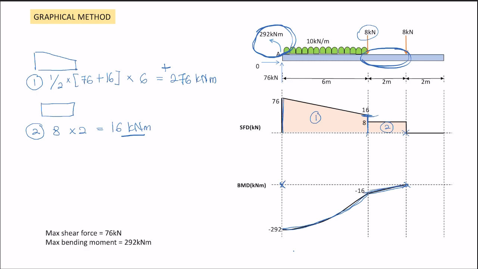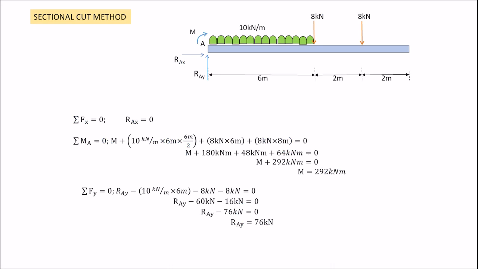The maximum shear force will be the highest value, which is 76, and the maximum bending moment is going to be 292 kilonewton meter.